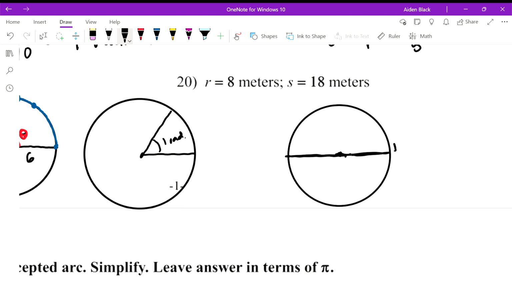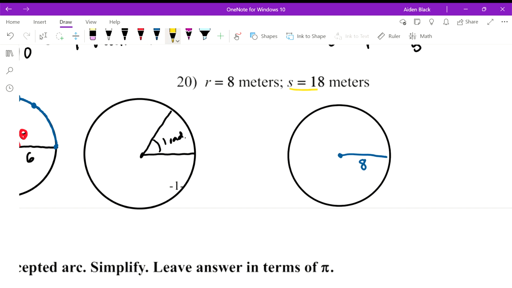In half a circle, we have pi radians, so about 3.14. In a full circle, we have exactly 2 pi radians.